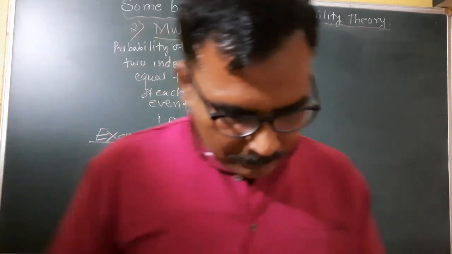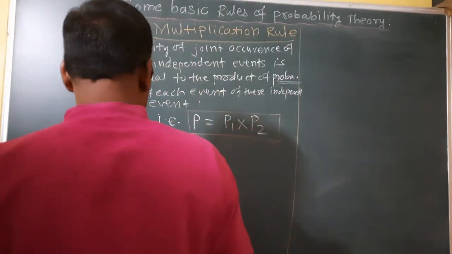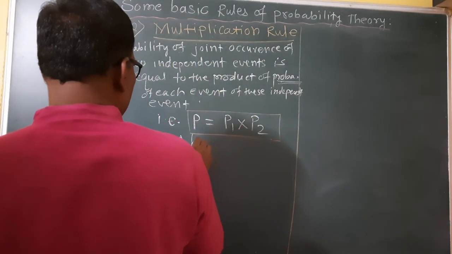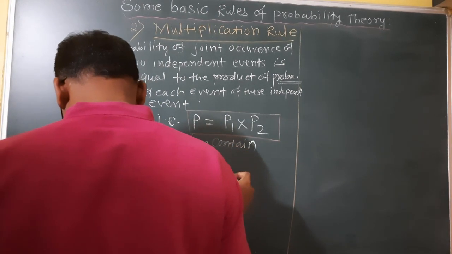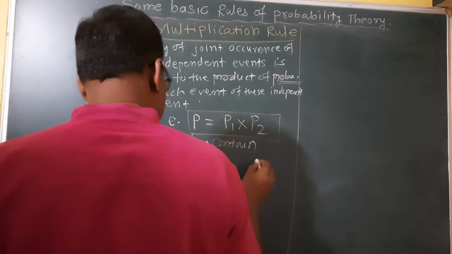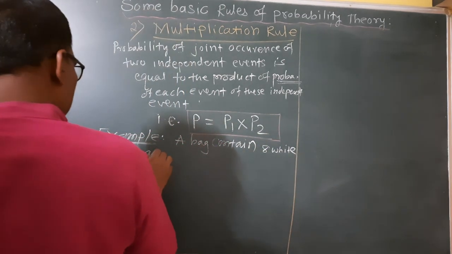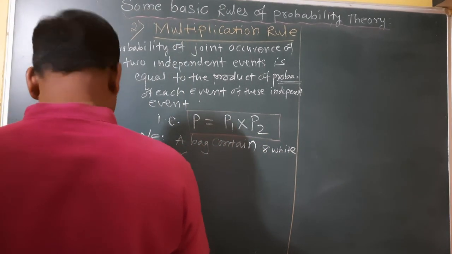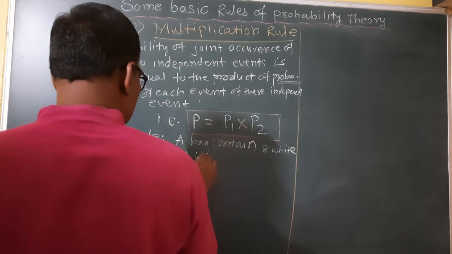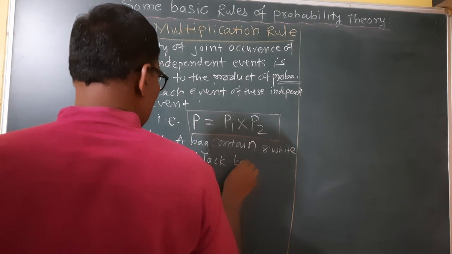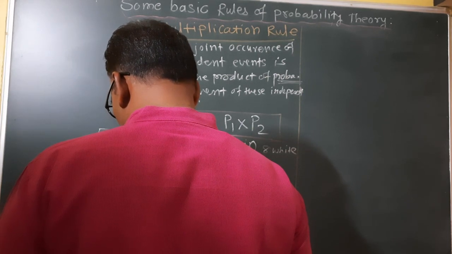First of all, we write the example here. A bag contains 8 white and 6 black balls.